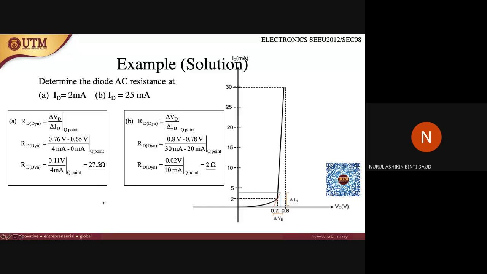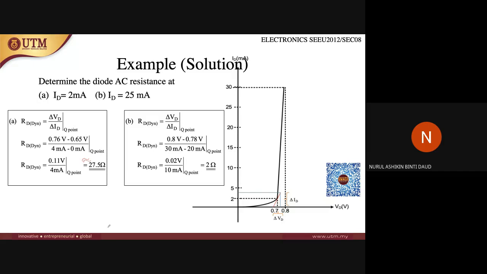Usually the resistance value for AC, or dynamic resistance, is not very accurate compared to static or DC resistance. So 27.5 is just an approximate value, and usually we do it like this.